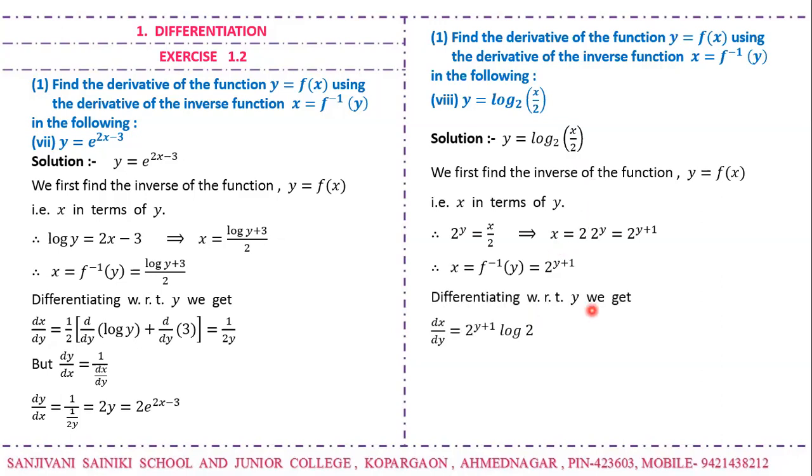Differentiate with respect to y, we get 2 raised to y plus 1. Its derivative is 2 raised to x log 2, using that formula, 2 raised to y plus 1 log 2. Then use that derivative of the inverse function formula and put the values. And finally we have to convert the answer in terms of x. So again we have to put the value of y in terms of x.